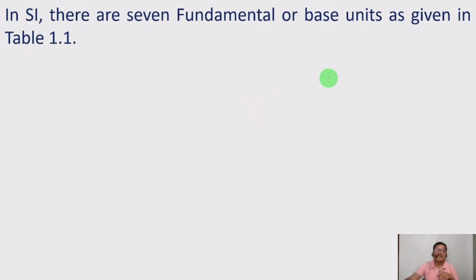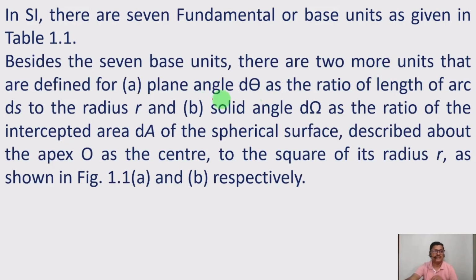In SI, there are seven fundamental or base units, as given in table 1.1 which I have discussed. Besides these seven base units, there are two more units, defined as: a, plane angle d theta as the ratio of the length of arc ds to the radius r, and b, solid angle d omega as the ratio of the intercepted area dA of the spherical surface described about the apex O as the center to the square of its radius r, as shown in figure 1.1a and b respectively.